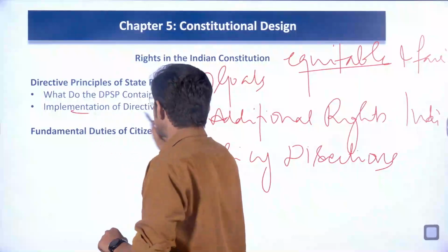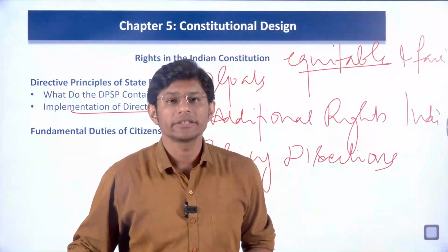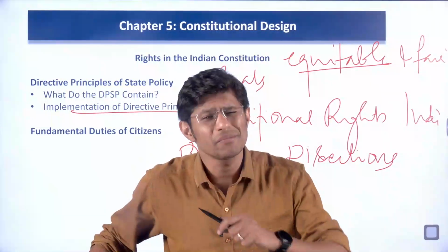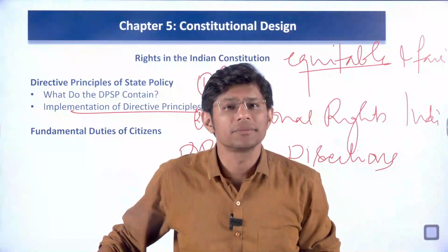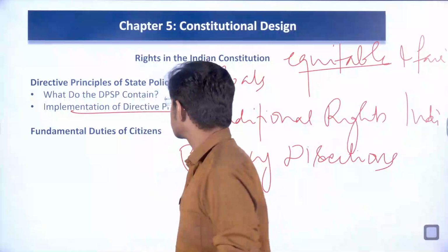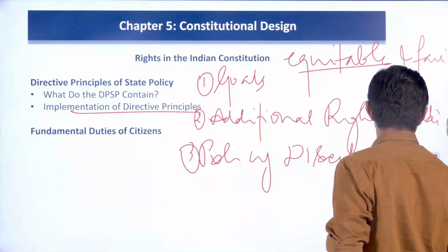What about the implementation of directive principles of state policy? Now, over the years, the government has taken many steps to implement these principles. Which are the initiatives? Let's take a few examples.